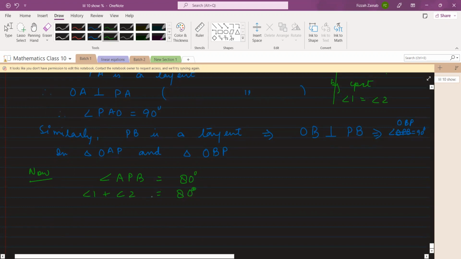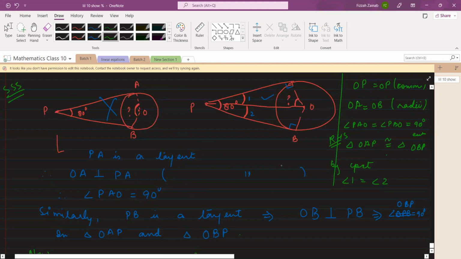Now angle 1 and angle 2 are equal, so angle 1 plus angle 1 is equal to 80 degrees. Because angle 1 is equal to angle 2, angle 2 is also 40 degrees. Anyway, you need angle 1 only, because we are not interested in the second triangle. So angle 1 is 40.